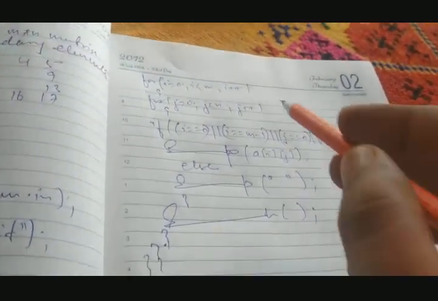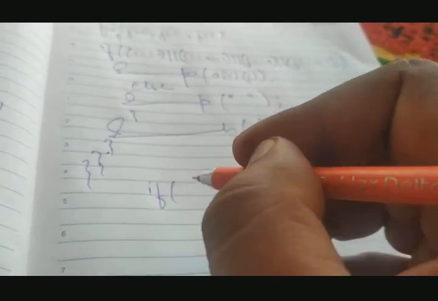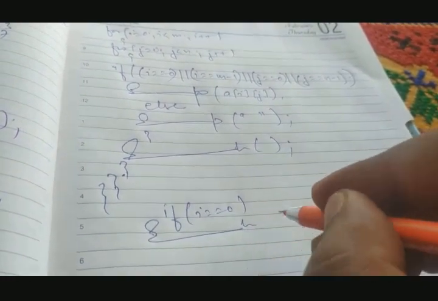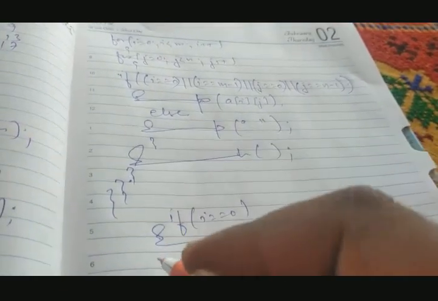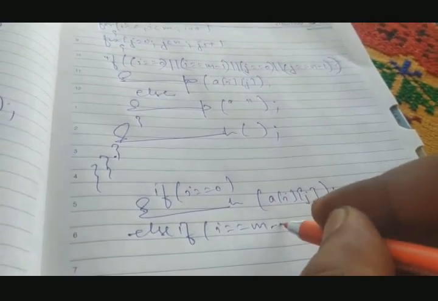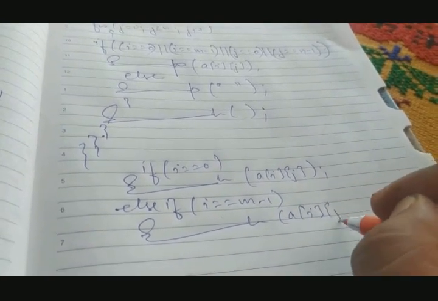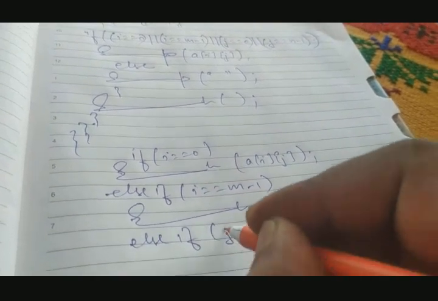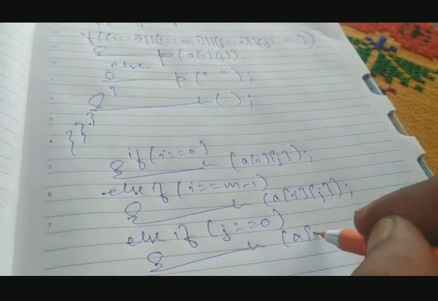Now the same thing, which we have written with a single if, you could have written like this: if i equals 0, a of i j. Else if i equals m minus 1, a of i j. Else if j equals 0, a of i j.